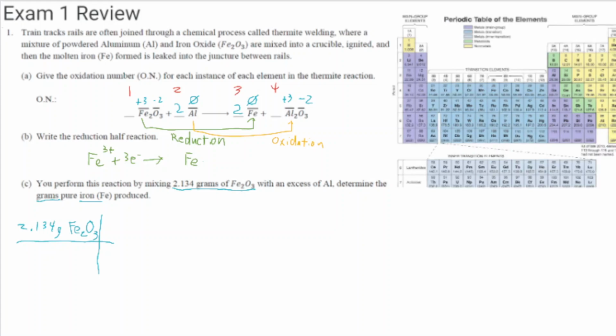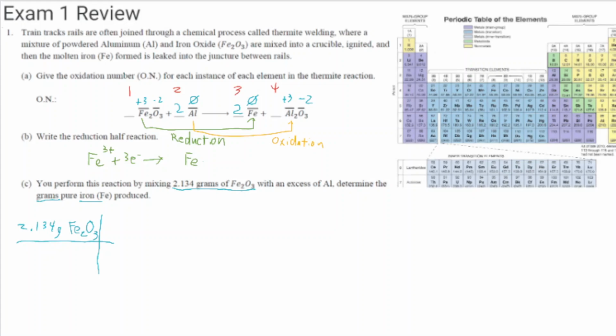If we look at our periodic table, we can determine the molar mass, where we add in 2 irons, so 55.85 times 2, plus our amount of oxygen, so 16.00 times 3, and you take the sum of all of that to get our molar mass.